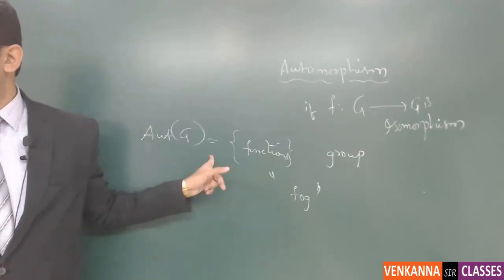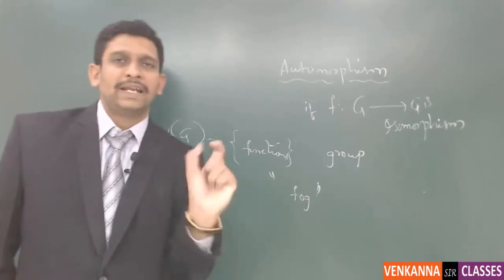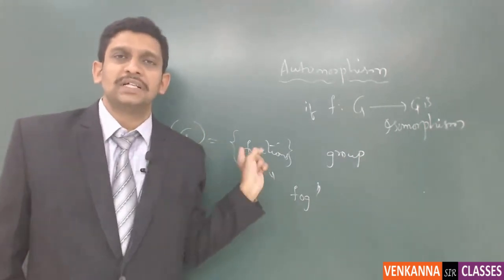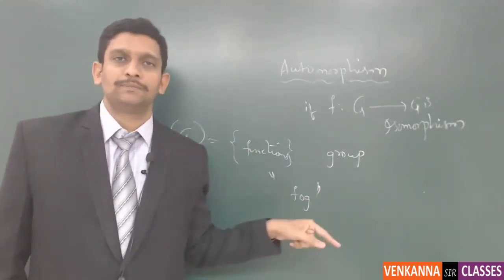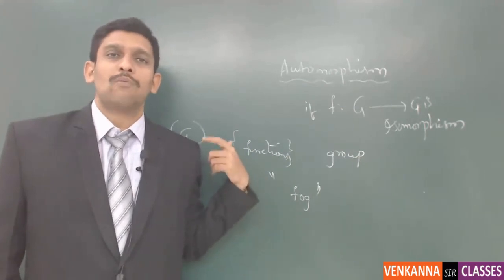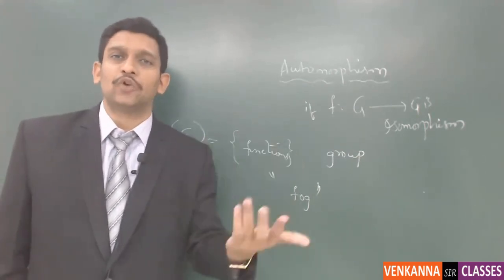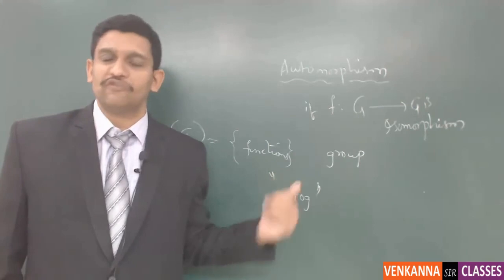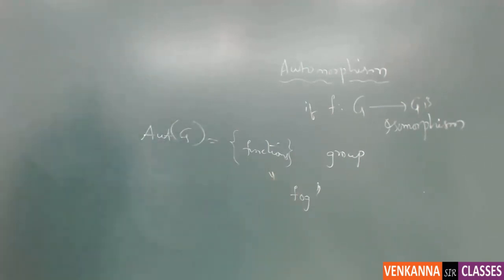Whenever you take two elements f and g, by taking the composition of functions, it will become a group. So automorphisms on a group is again a group with respect to the composition of mappings. You please take a note of the definition. Then please inform.